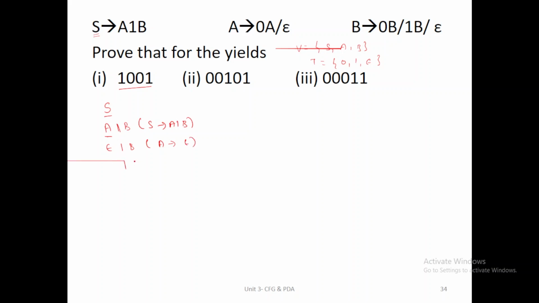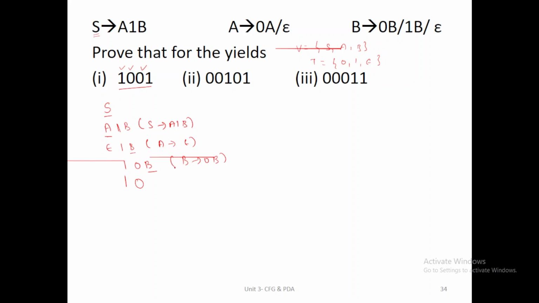The first symbol is 1, the second symbol is B. If you take B, there are three productions available: either 0B or 1B or epsilon. So let us take the second string. The second string should be 0. So B will be replaced by 0B. The first symbol is a terminal, the second symbol is a terminal. What is your third symbol?